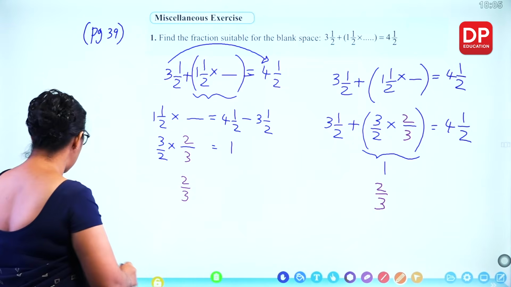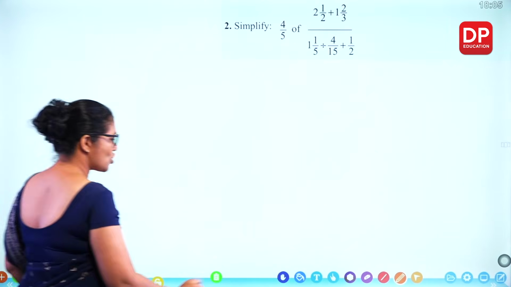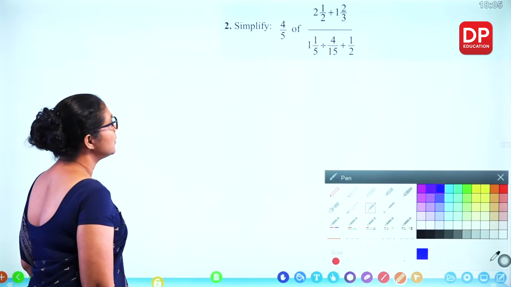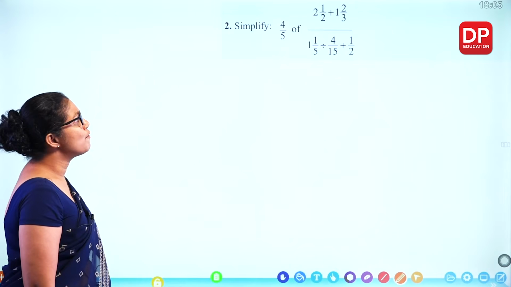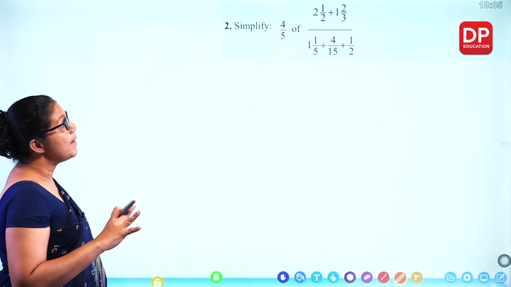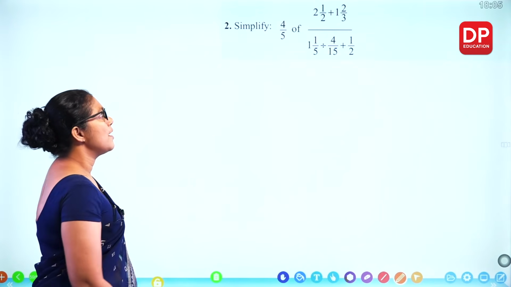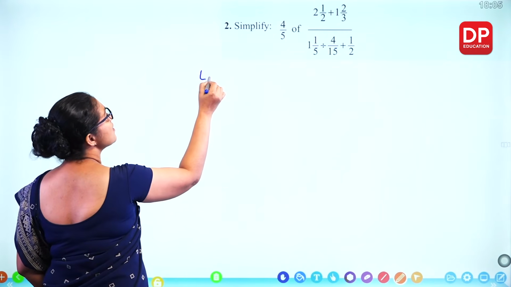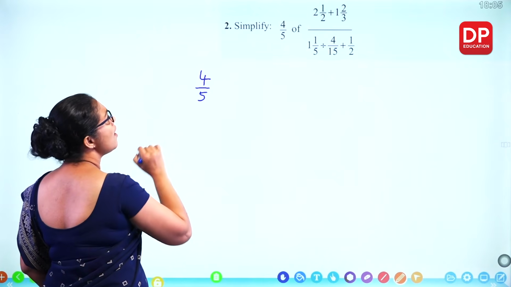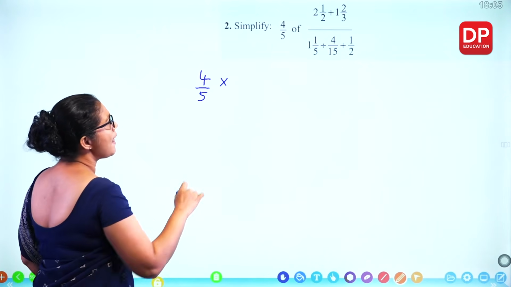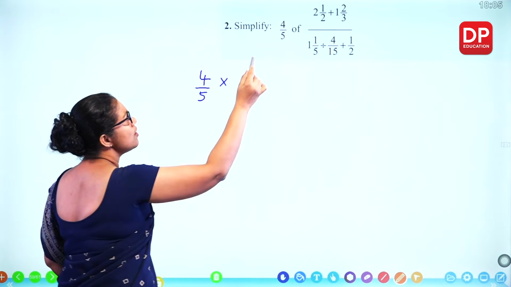Now we'll see the next question. Okay, so simplify 4/5 of a big expression given. So you need to do it step by step. So here we start from here, 4/5 of. Of you can write as multiplication, and here we can use brackets.